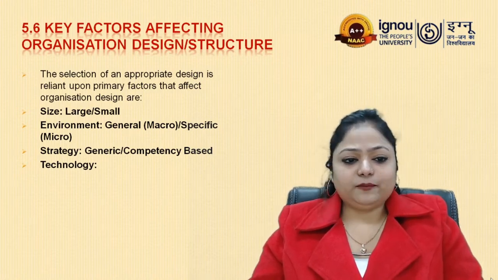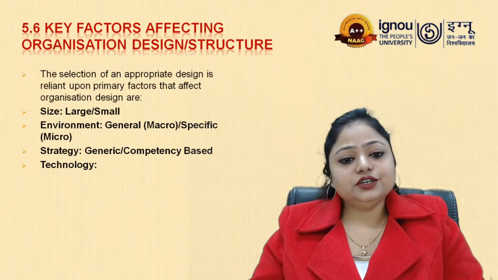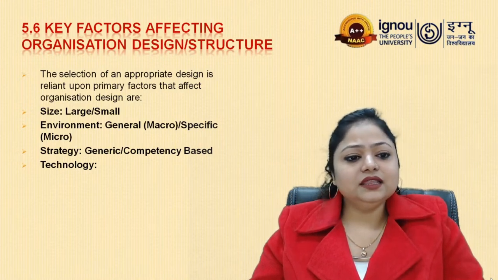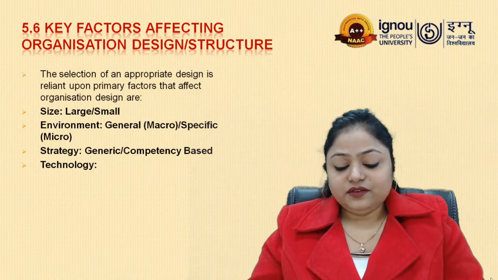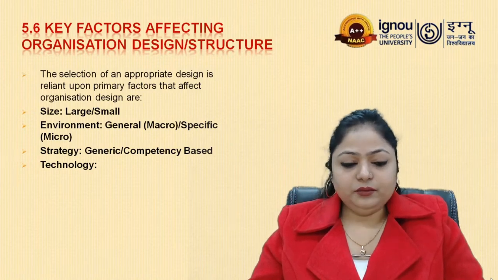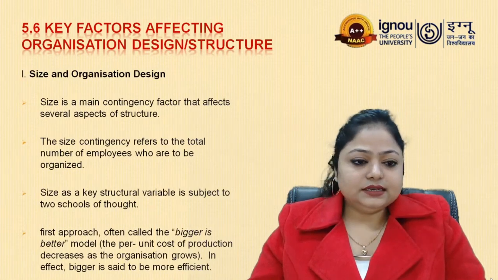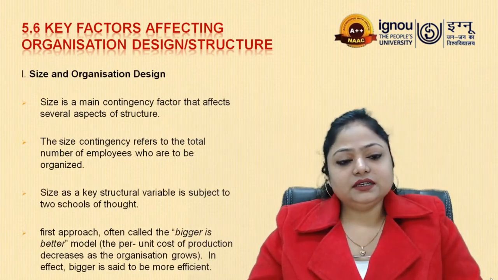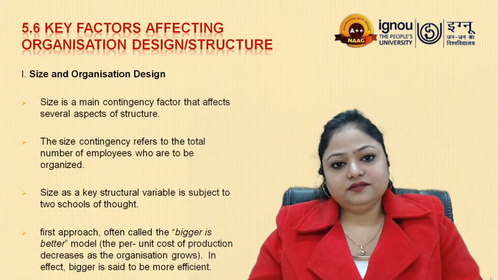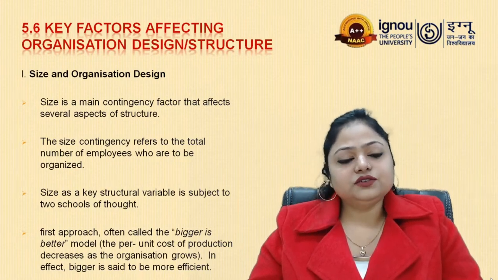Then the strategy, which can be a generic strategy or competency based strategy, and then the technology, which is advancement in the global economy or global market. So first, let's discuss size and the organizational design as the key factor which affects the overall structure.